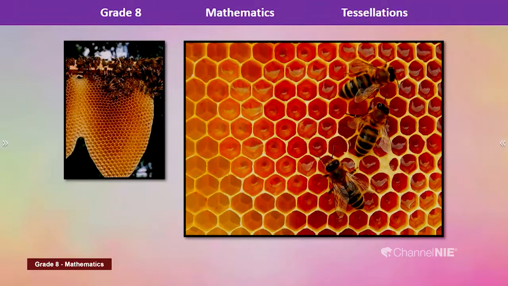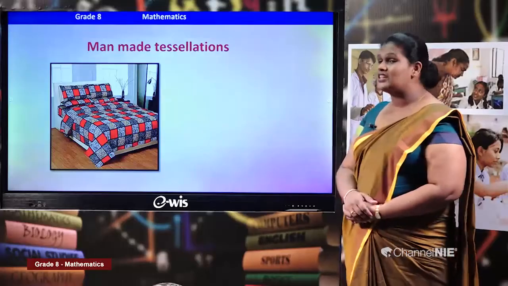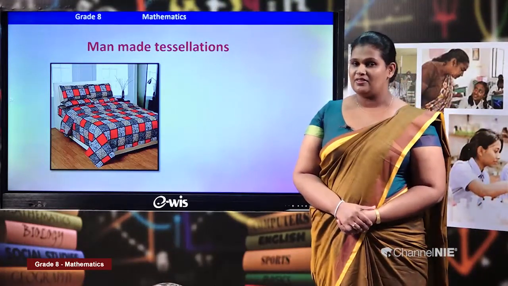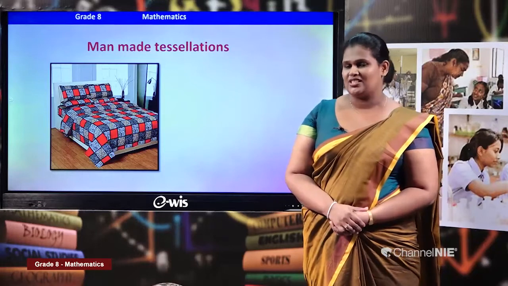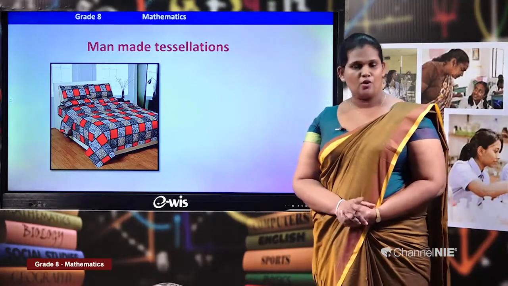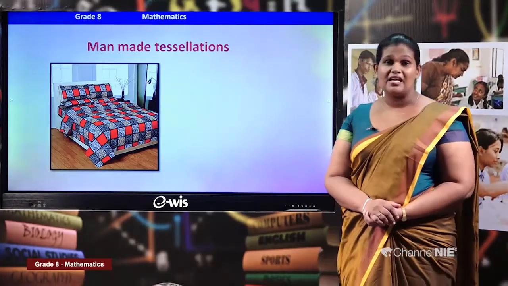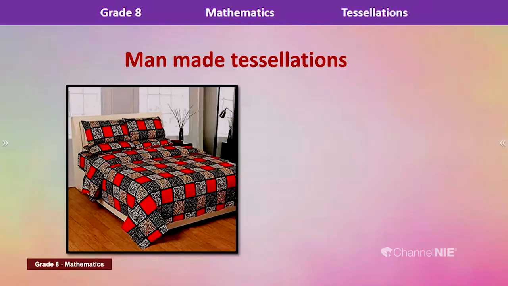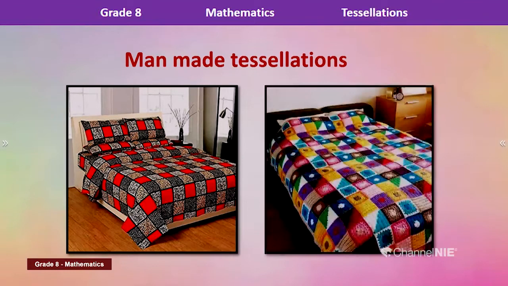We will see. Right, these are some of the things you can see in your day-to-day life. Those are there in nature. So, we will now move on to some man-made tessellations. So, first of all, have a look at this picture. Here you can see two beds with beautiful bed sheets.